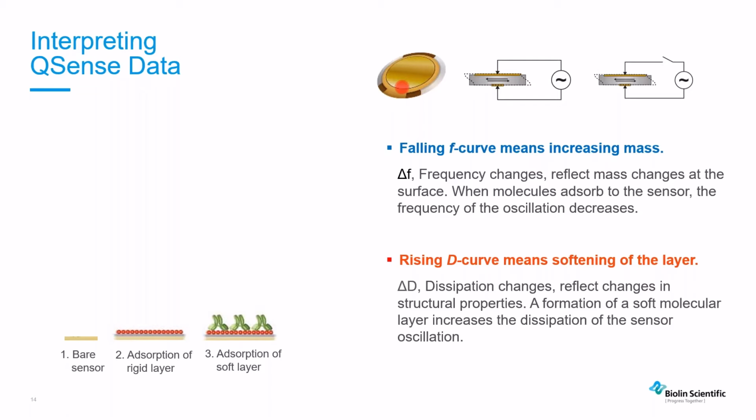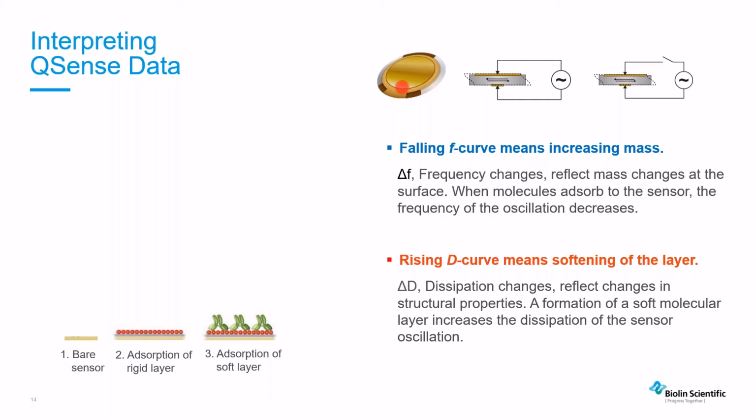Quartz is piezoelectric, and that means that if you apply a voltage to the quartz, it will deform, and vice versa. If you deform it, it will generate a potential. If you apply an alternating voltage with a certain frequency, you can make it oscillate at its resonance frequency. In our case here, we have a 5 megahertz resonance frequency.